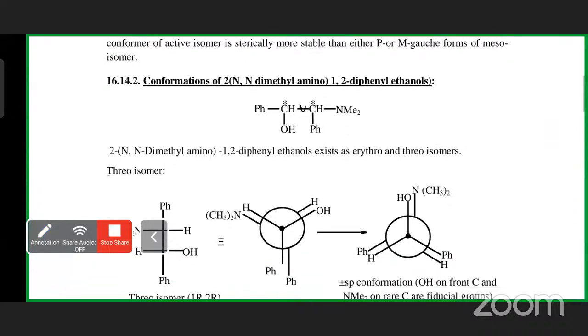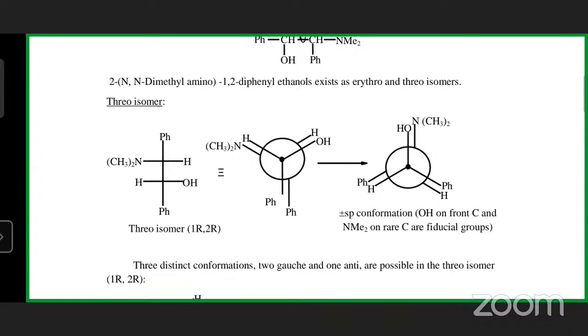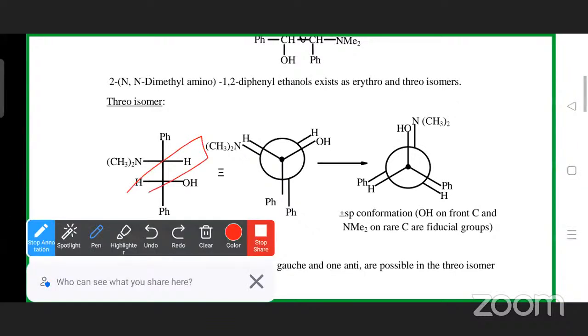Now the conformation of 2-N,N-dimethylamino-1,2-diphenylethanols. So in the tertiary amine compound, take the threo isomer. Threo isomer means the two hydrogens are in the opposite direction, and the hydroxy group and this tertiary amine group are in the opposite, trans direction.